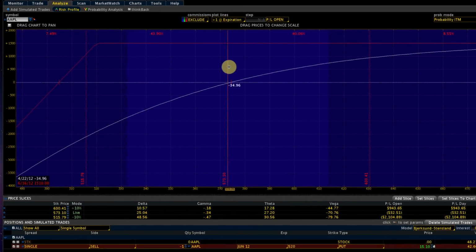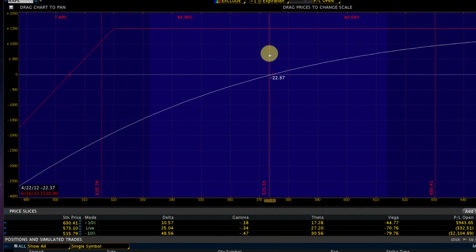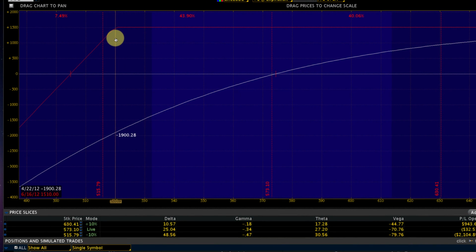So this is where Apple is right now, and you sold the 520 put. Again, this is the advantage of selling out of the money options. This 520 put is out of the money, and you can see that the seller of this option has all this room to be wrong. This is his room for error. On the call side, you saw that the room for error was on this side.